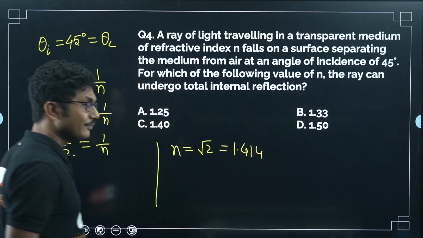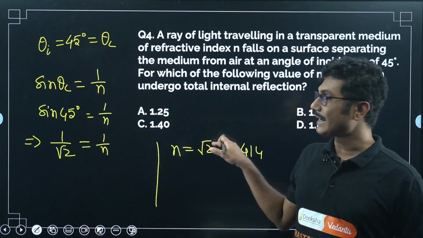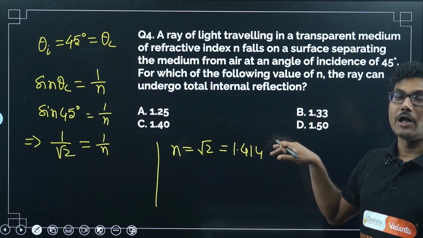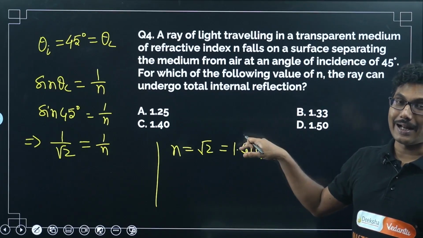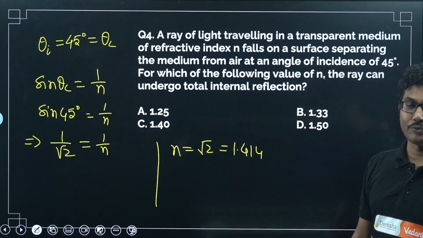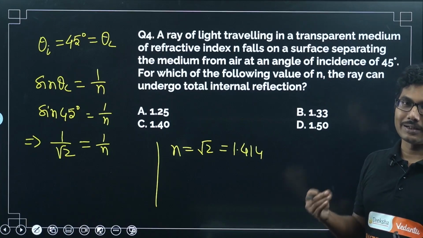So if the refractive index is greater than this value, this is exactly the boundary, this is the borderline, right? For this it is not totally reflecting yet, but it is still at the critical level. If the refractive index is greater than 1.414, then definitely it will have a total internal reflection, right?